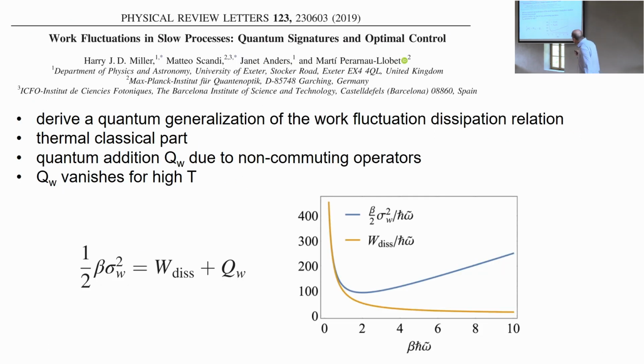Okay, now let's look into this work fluctuation in slow processes. There was a paper by this group of authors, and they discussed that you can have a classical work fluctuation dissipation relation, and this is just excluding this Q. That's kind of the classical part. But if you have non-commuting operators, then you have always some sort of quantum projection noise, I would call it.